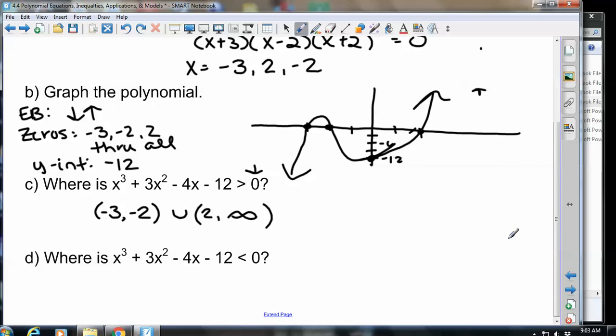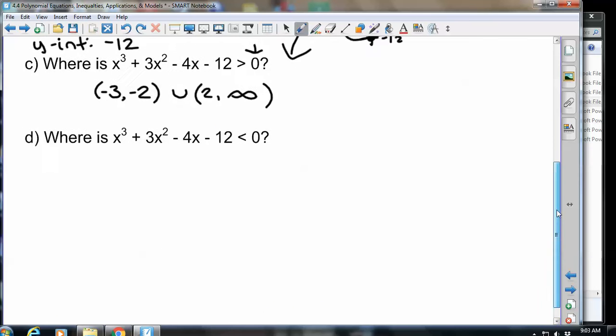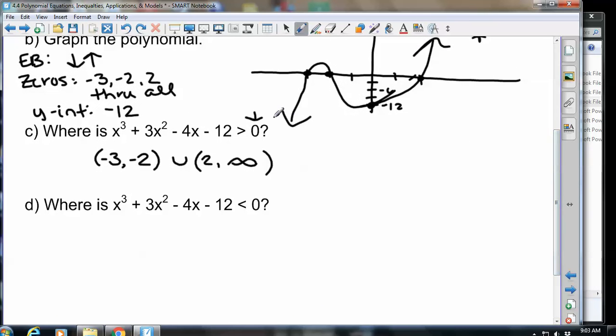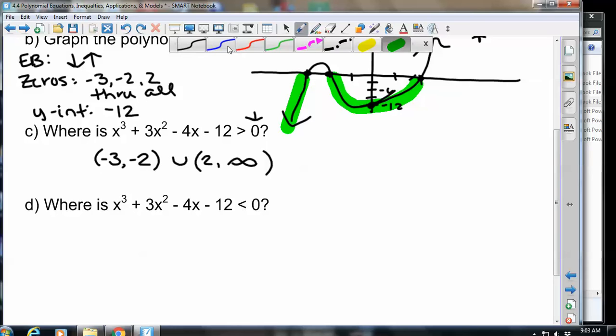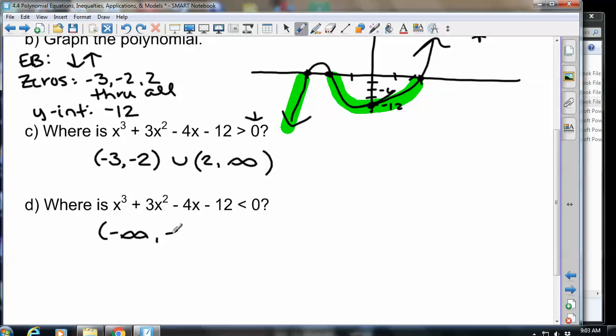Last question here. Where is my graph less than 0? It's the opposite. So where it's below the axis, so that's here and here. So if we write the interval, the first one is coming from -infinity to -3.